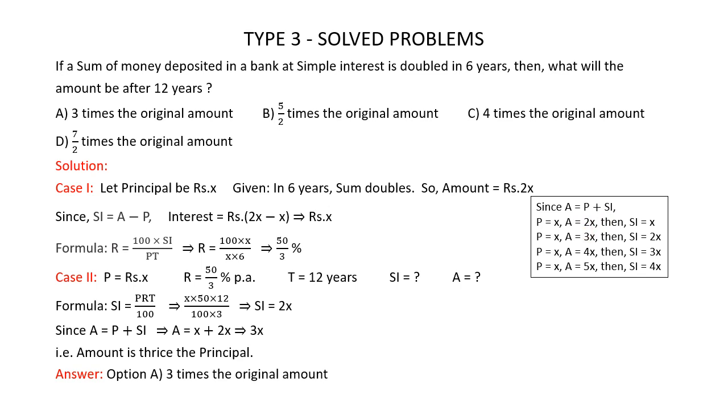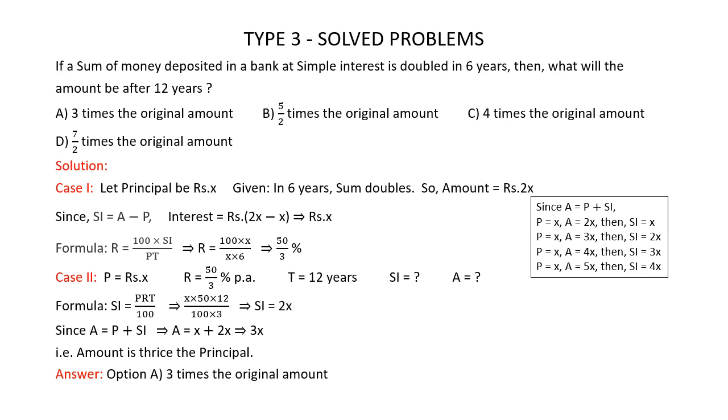Similarly, if principal is x and it triples, then amount becomes 3x. Then simple interest has to be 2x, so that amount is 3x.